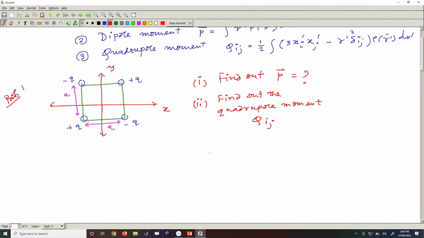And finally, find out the potential at some vector r, such that the mod of r is very much greater than a.